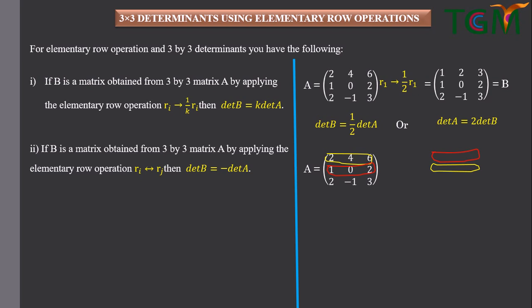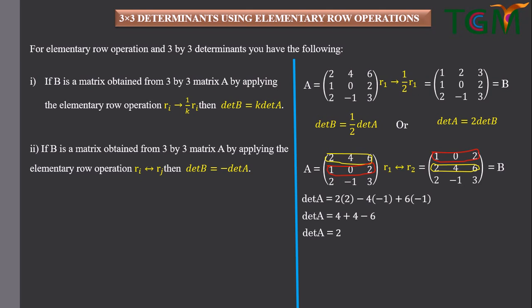If we have a matrix A, interchanging two rows will give us that. If we say that is matrix B, the determinant of this resultant matrix B should be equal to the negative determinant of matrix A. For example, the determinant of matrix A is equal to 2.